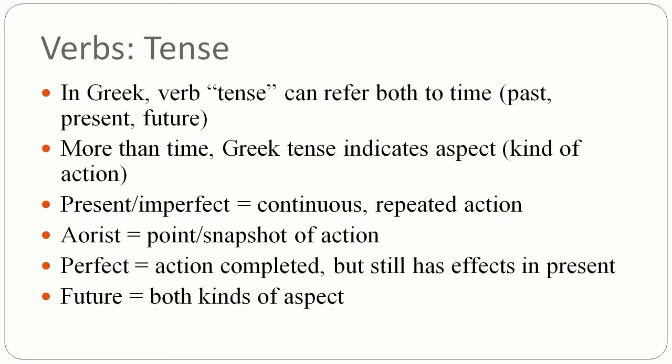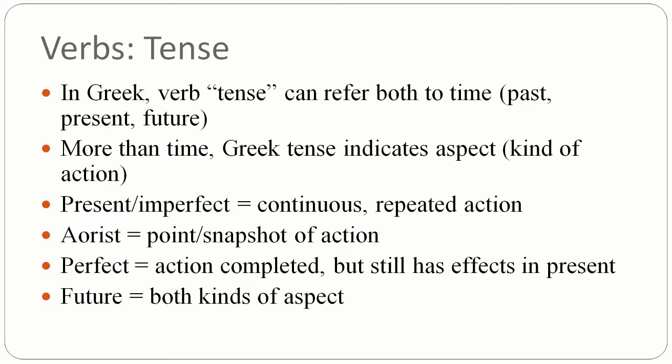Now, when we discuss verbs, moving on from substantives, nouns, adjectives, those sorts of things, now we're going to verbs. Verbs have a number of different categories that you need to think of when we're talking about interpretation, but one of them is tense.